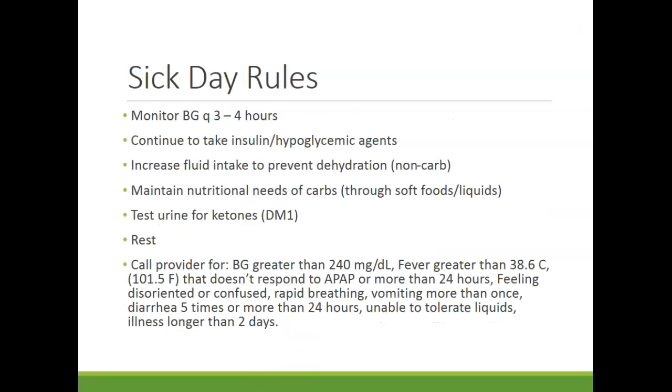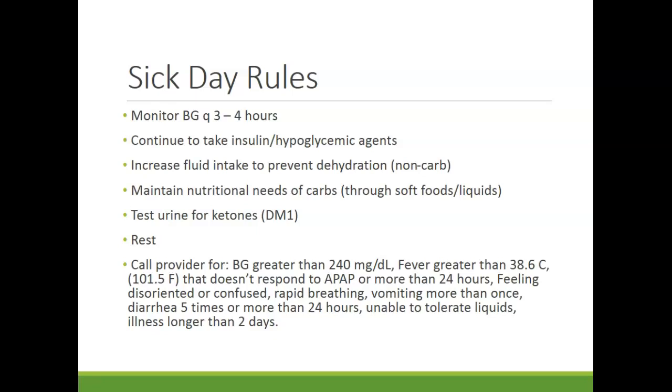Sick day rules. This is going to be primarily important for type 1 diabetics, but it can also be important for type 2 diabetics as well. It all kind of depends on their insulin resistance.